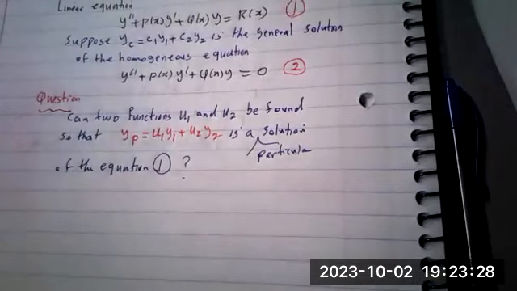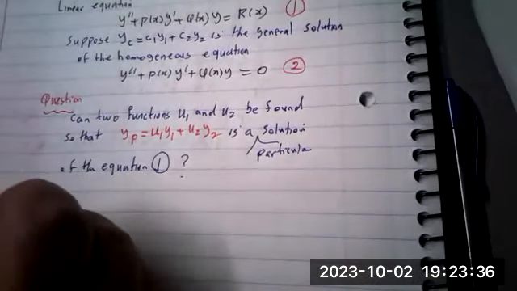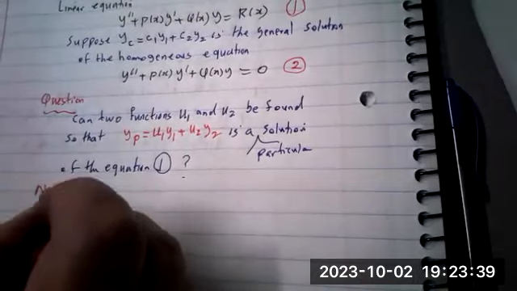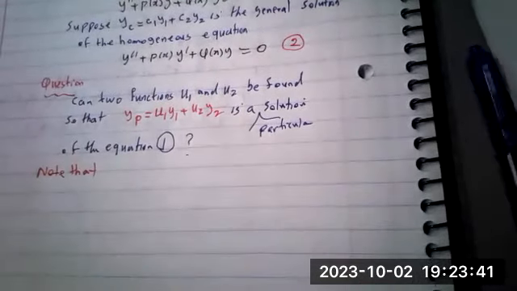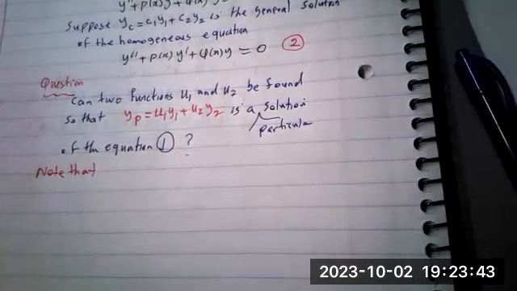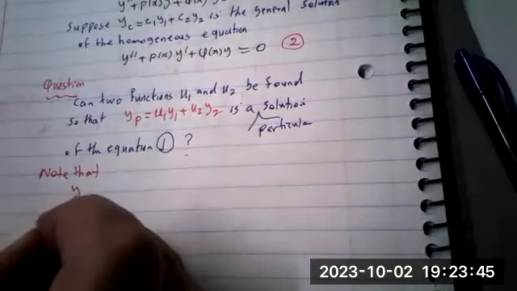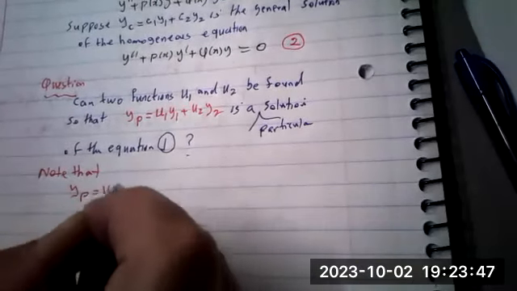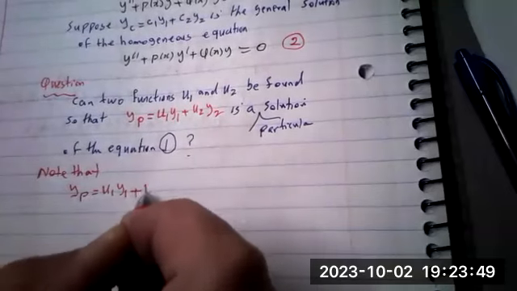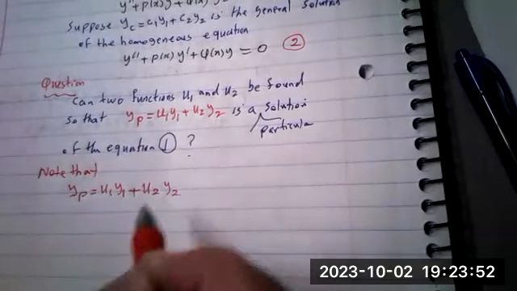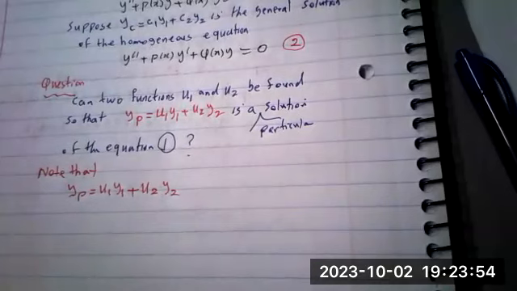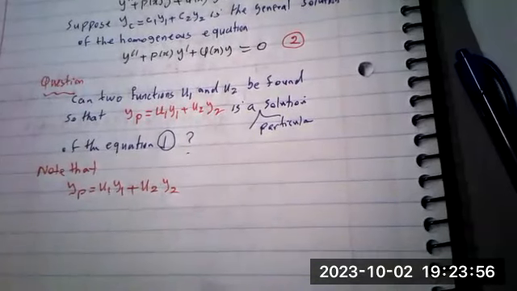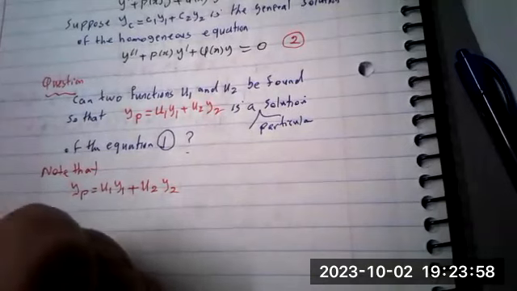If this is going to be a solution to your equation, it must satisfy the equation. So differentiate it. Find the derivative. I rewrite it to see which function I'm going to work with. So this is the YP, this is the suggestion. Differentiate it carefully. Remember, they are all functions of x. What's going to be YP prime?